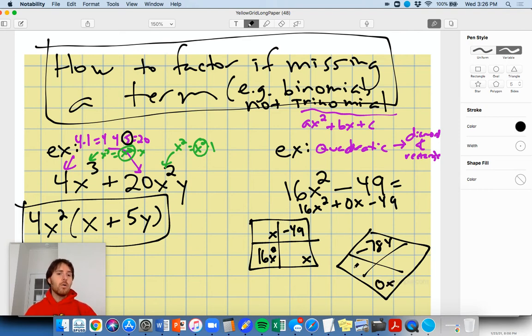Okay, so these things need to add to be 0, but multiply to be a negative number. Well, if your two numbers multiply to become a negative number, what do you actually know about the signs of both of them? A positive times a positive would be a positive product.